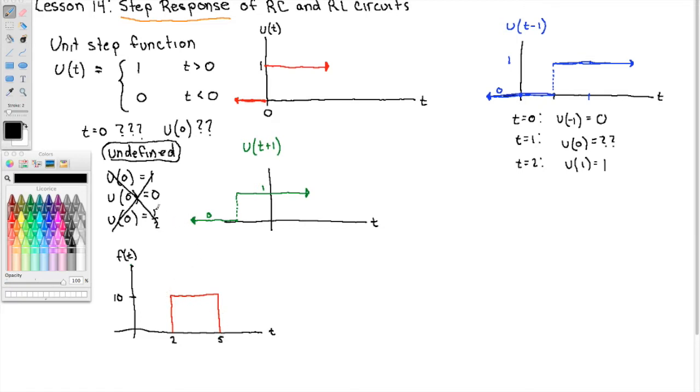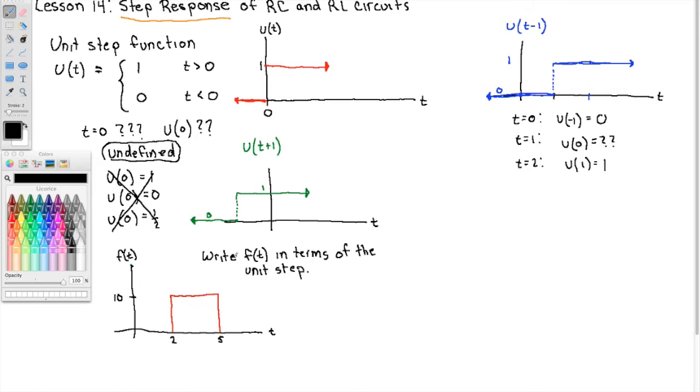Right? And the question is to write f of t in terms of the unit step. Write f of t in terms of the unit step.